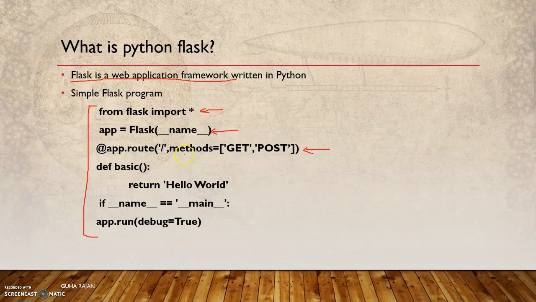We'll briefly look at the significance of the parameters inside the route function, that is slash and methods. This is a kind of binding when you call the app route. It binds with the basic function and returns hello world. And finally, this last part is to run the Flask app.